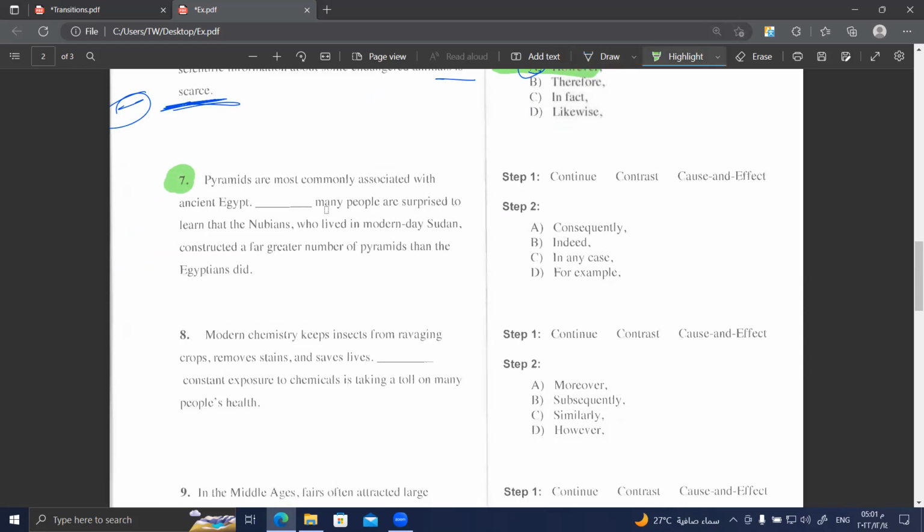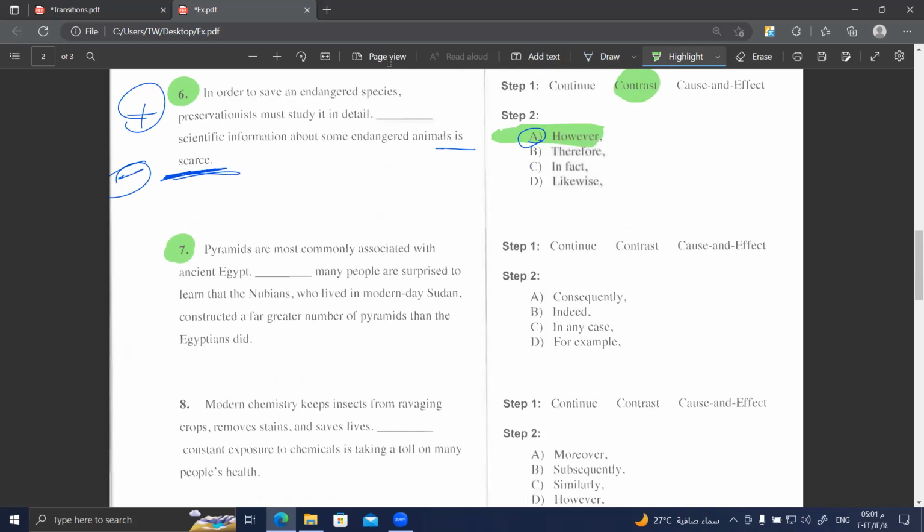Go ahead. Marvelous. Great. This one is a bit difficult.